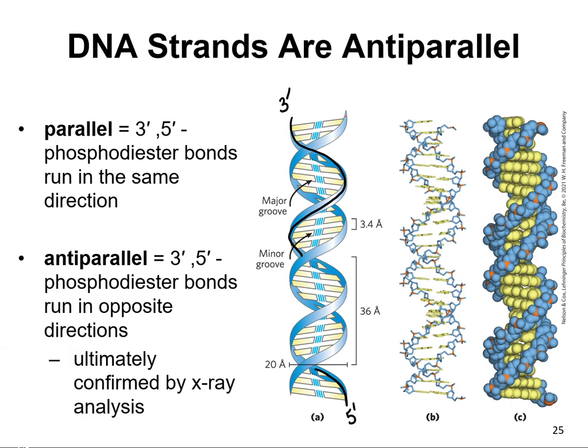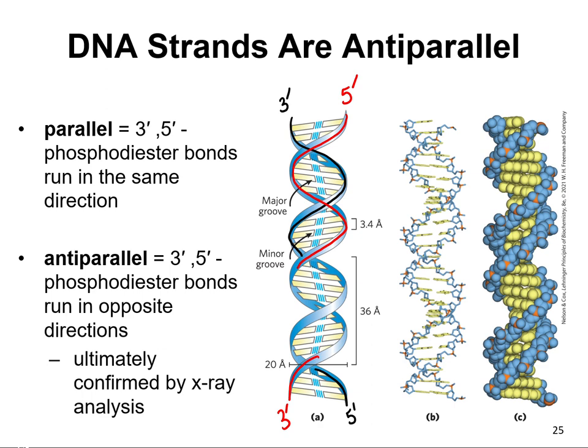The second strand, all the way down here, the 5' is actually up top with the 3' of the other. So these are anti-parallel. The phosphodiester bonds are running in opposite directions.